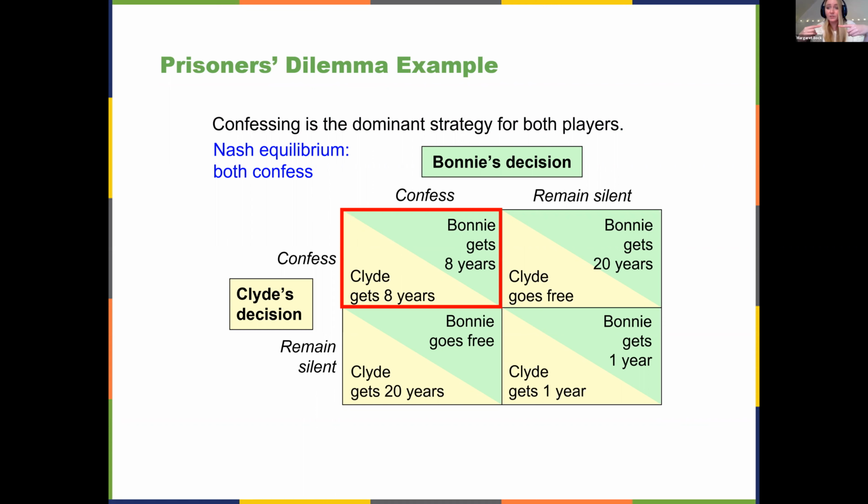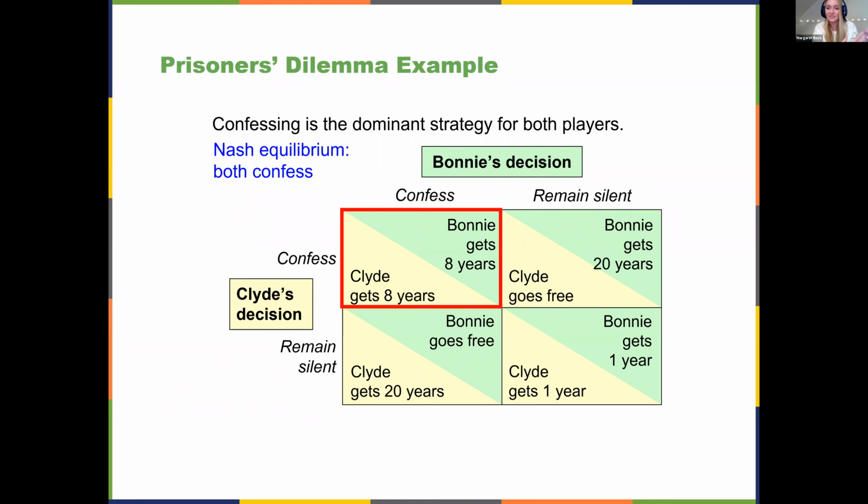They blame the other person because they're too afraid of remaining silent and the other person blaming them. So both Bonnie and Clyde end up going to jail for 8 years each. And this both-confess outcome is also a Nash equilibrium.